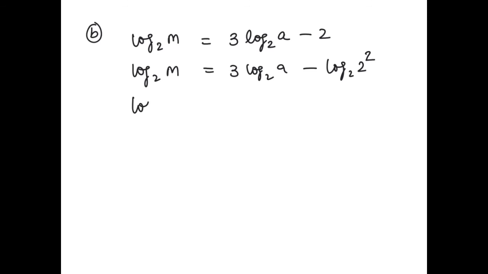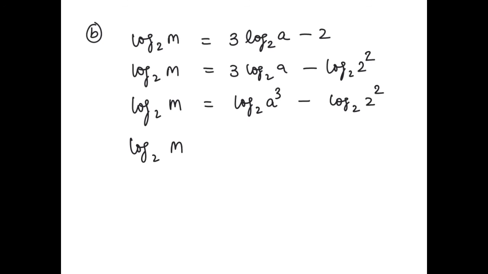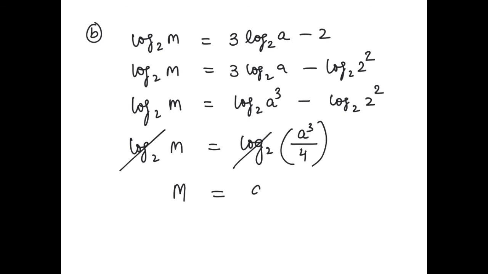So it will be log base 2 of m equals 3 log base 2 a, we can say log base 2 a cubed minus log base 2 of 2 squared. Now we can club them by using the laws. So it will be a cubed over 4. Now both sides cancel, so it will be m equals a cubed over 4.